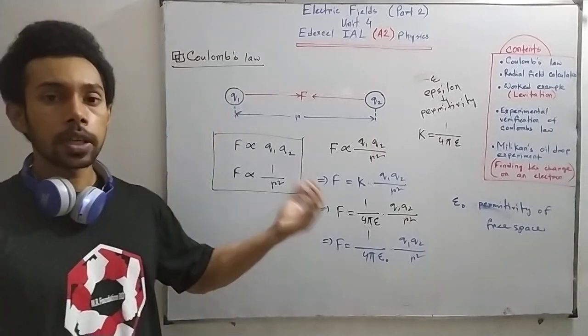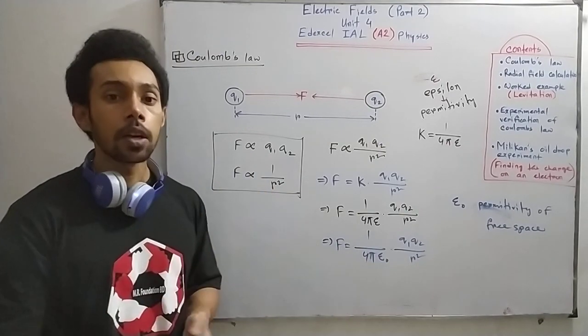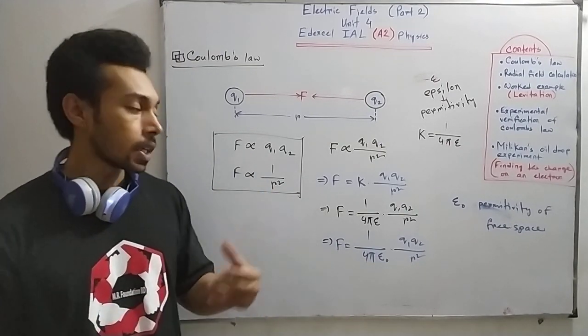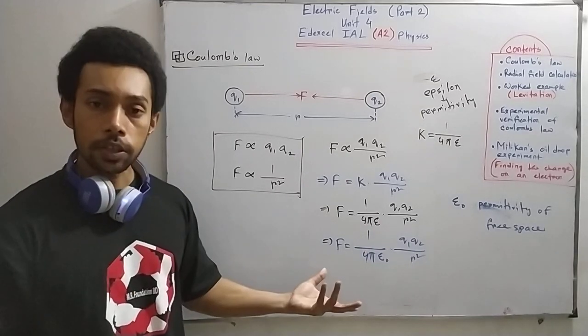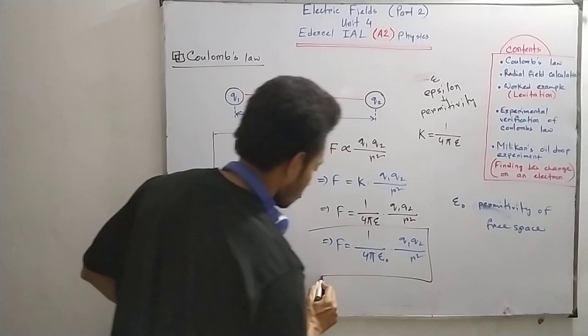While doing calculation, air is considered to be free space. So when we are doing calculation, if the particles or objects are placed in air, then considering air to be free space, we'll use this equation.